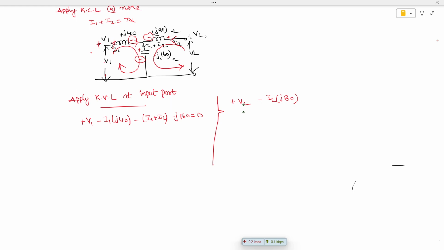Next one, what is the leaving polarity? Minus (I1 plus I2) into minus J160 is equal to 0.